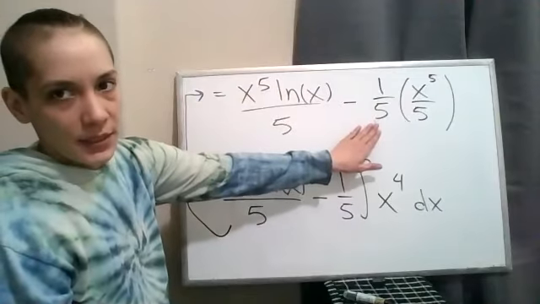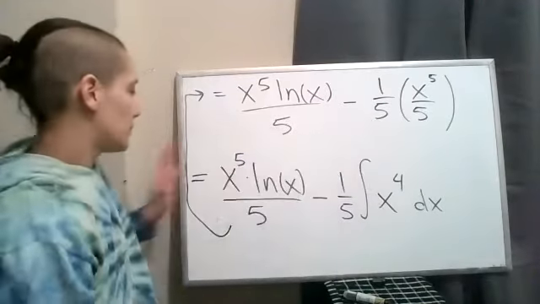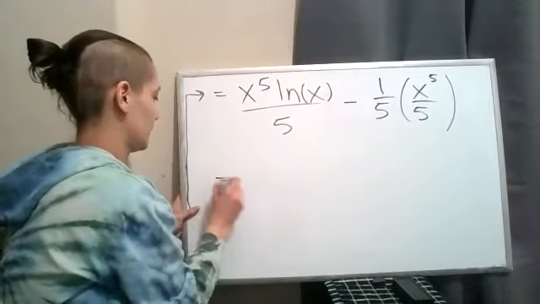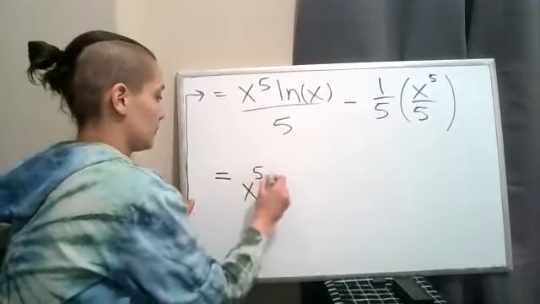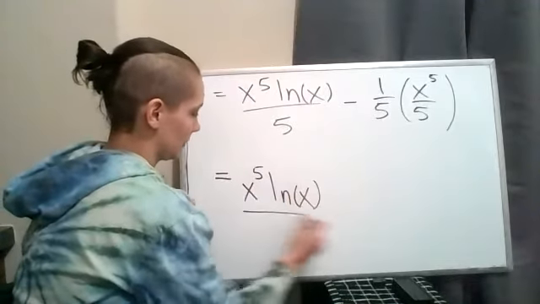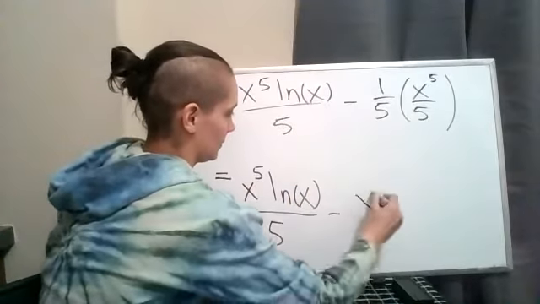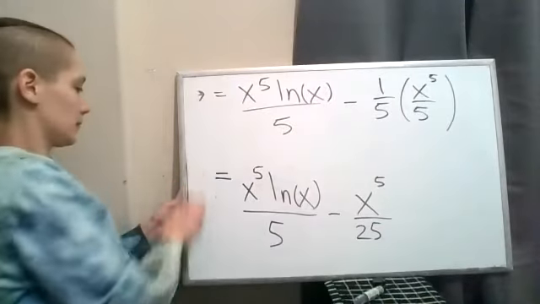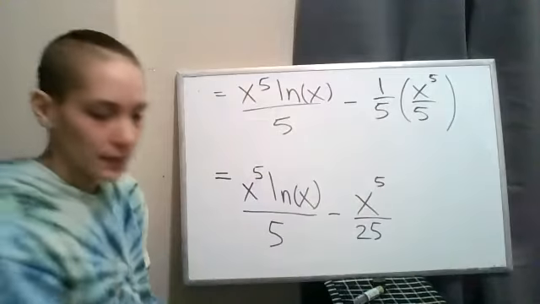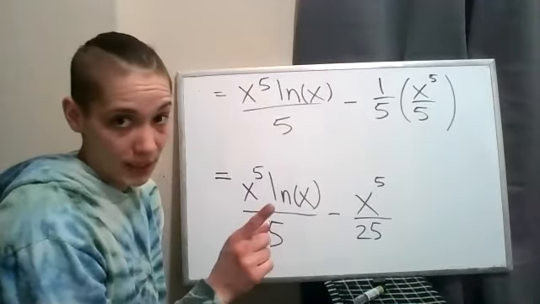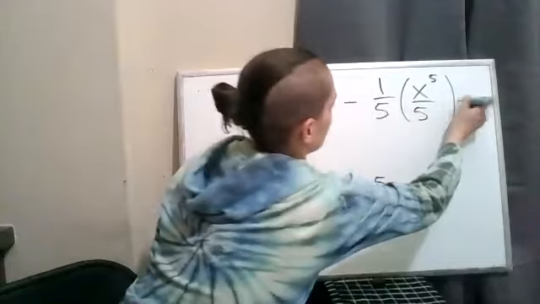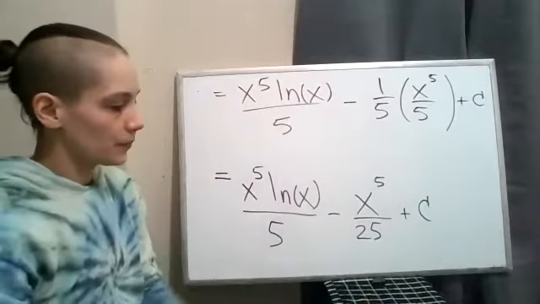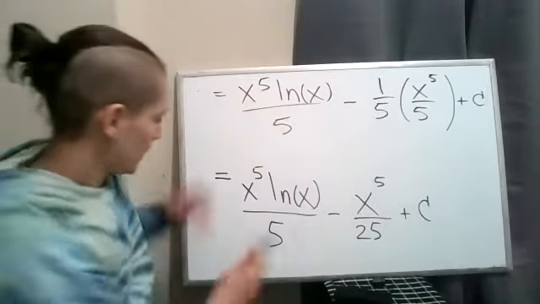So just this piece here, it'd be x to the 5th over 25. And we're done. Cool. Oh, plus c. You forgot that part. And now we're done. That's it.